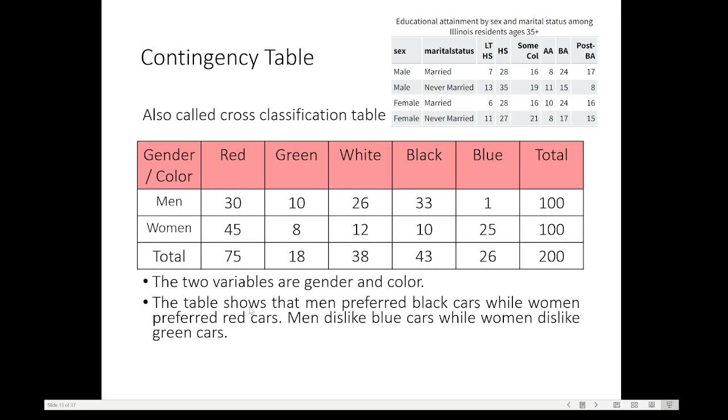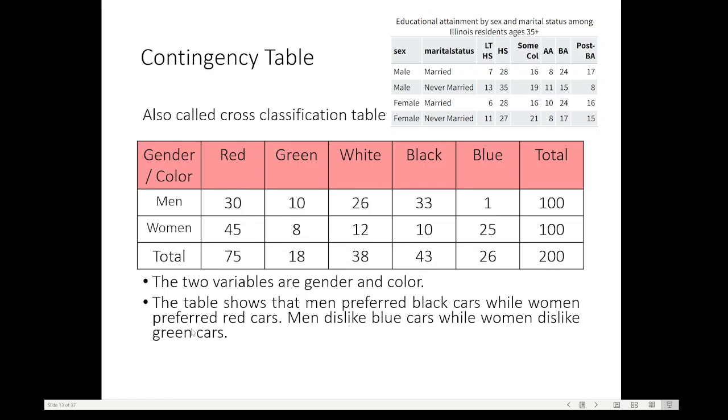Okay, so the table shows that men prefer black cars while women prefer red cars. See, dan itu dia compare pula. Dia tengok, the cost compared across the whole table, and he sees that for men, the highest is 33, that is for black cars, and then for women, the highest is 45.